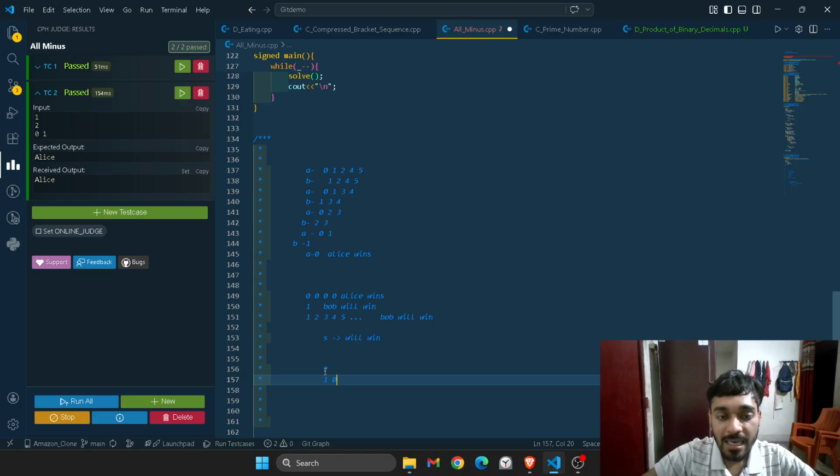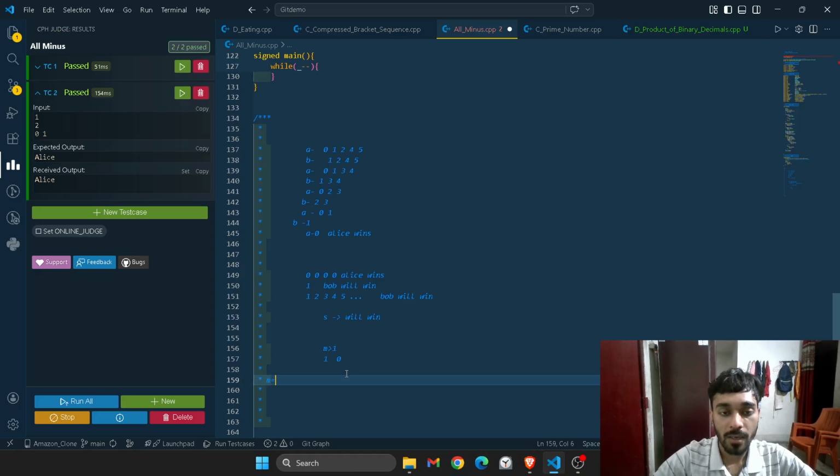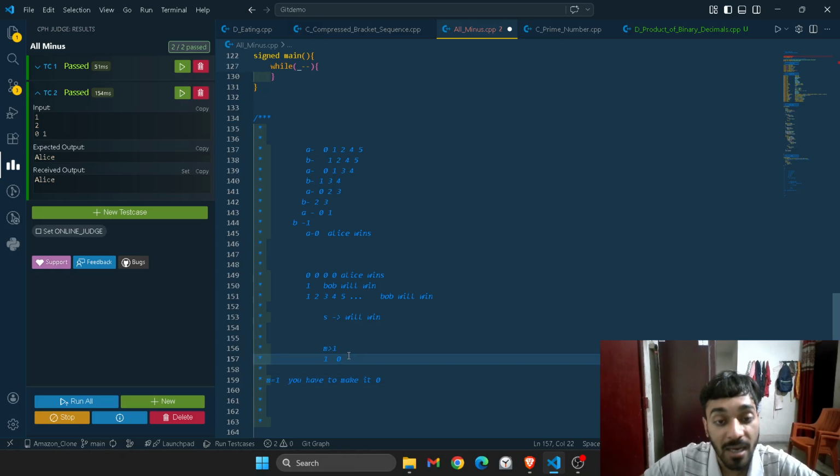Similarly for any m greater than 1, you have a choice to make it 1 or 0. But if m is equal to 1, you have to make it 0. So you have no choice there, but you have a choice here. Another choice is that you can remove a number of zeros.